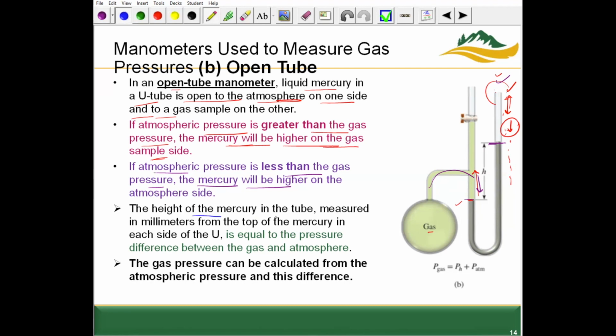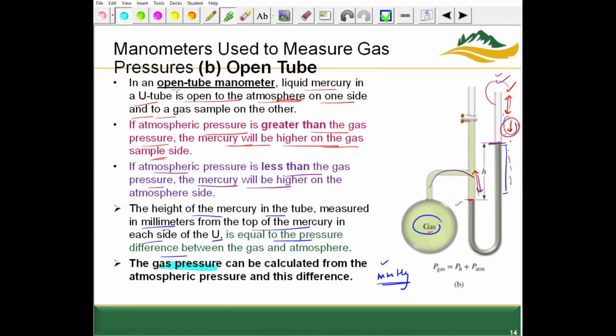The height of the mercury in the tube, again measured in this convenient unit of millimeters of mercury, is a pressure. It's also directly measured by the height of that liquid mercury. So the height of the mercury, measured in millimeters from the top of the mercury on each side of the U, is equal to the pressure difference between the gas and the atmosphere.